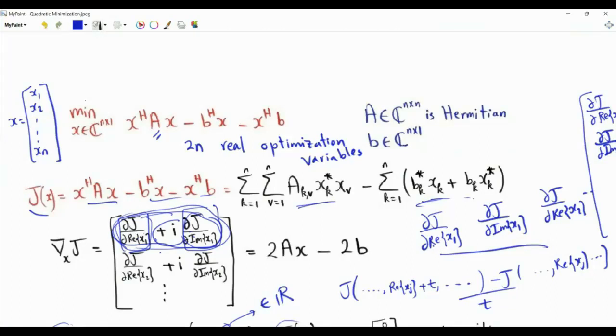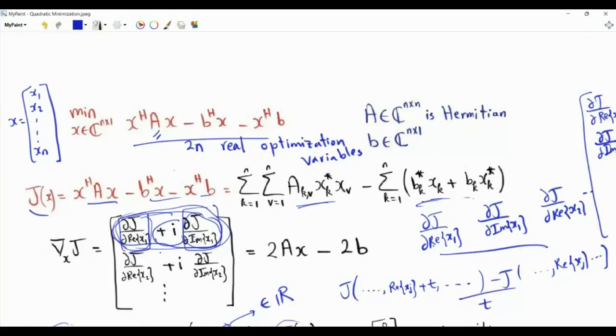If we have one negative eigenvalue or more, then we can make this objective function tend towards negative infinity by choosing vector x to be in the direction of an eigenvector associated with a negative eigenvalue of A. This is the first case.